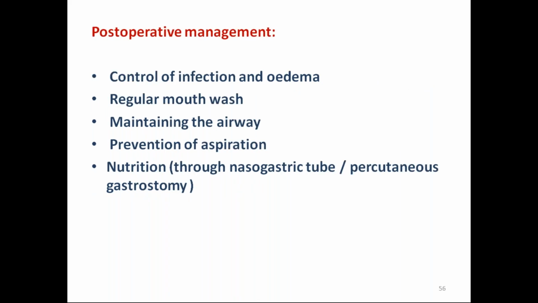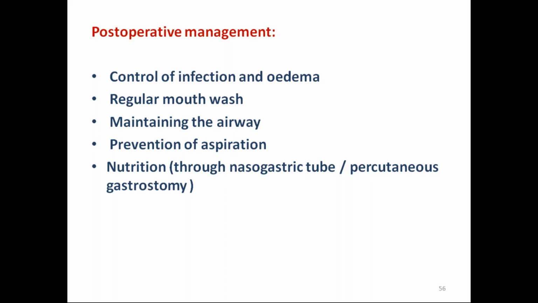So postoperative management, what do we do in postoperative conditions after surgery? First we go for the control of edema and infection, or else the surgery done is a waste. So we ask the patient to do regular mouthwash and gargling, and also to maintain the airway, that is to watch for any breathing difficulties.